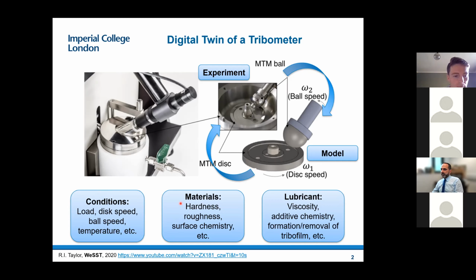Yeah, perfect. And then you also need to know quite a lot about the materials, the surface chemistry, lubricants, and so on. So in itself, even just building a model of this system is particularly challenging.